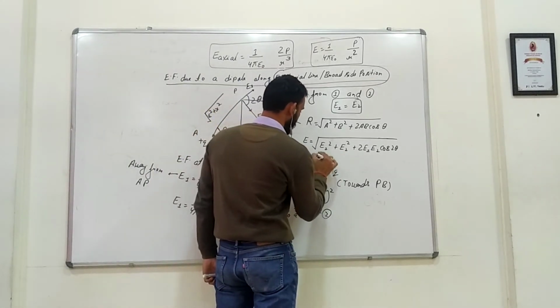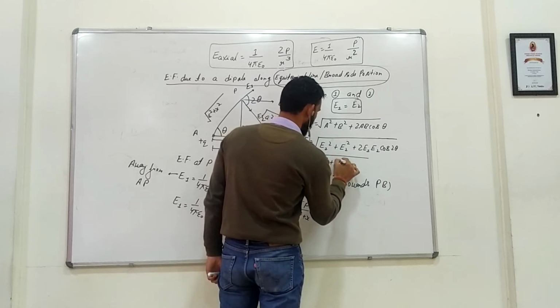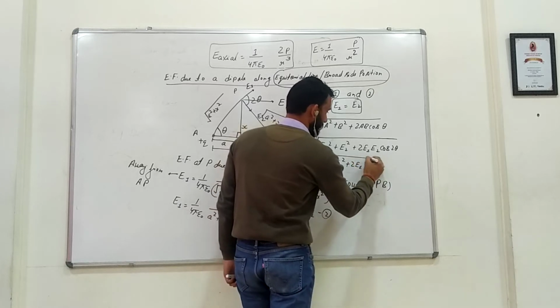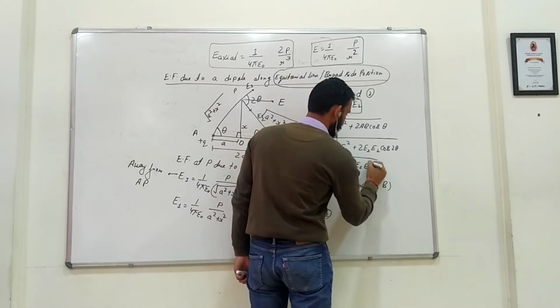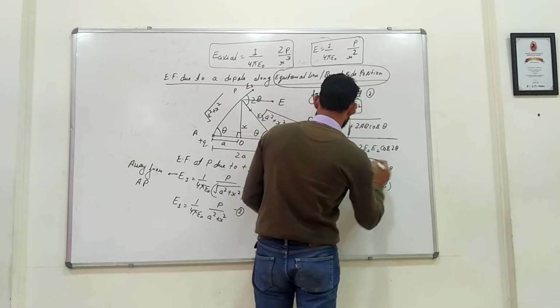So E is equal to under the root E1 square plus 2 E1, in place of E2 I am writing E1, and then cos 2 theta.